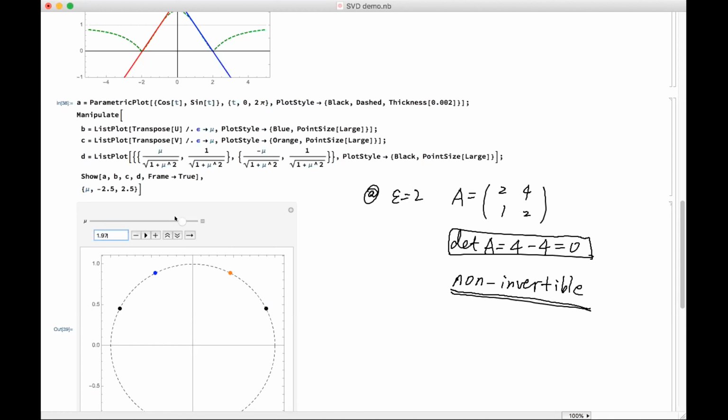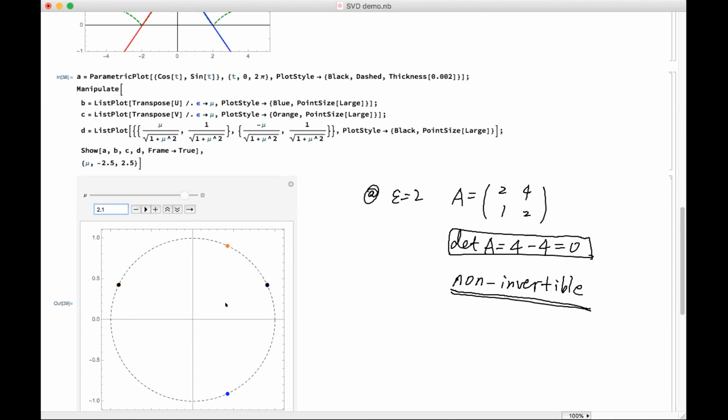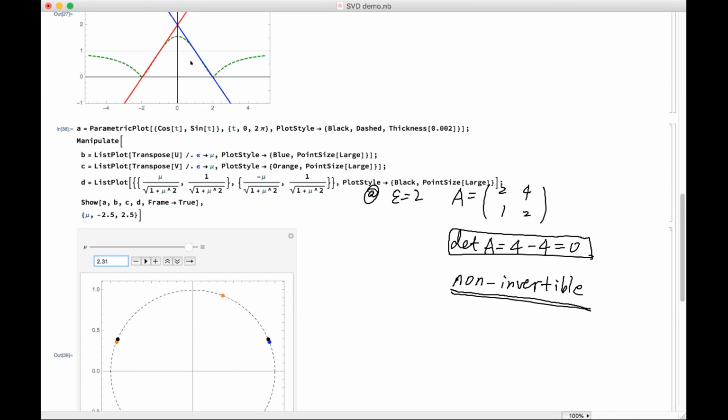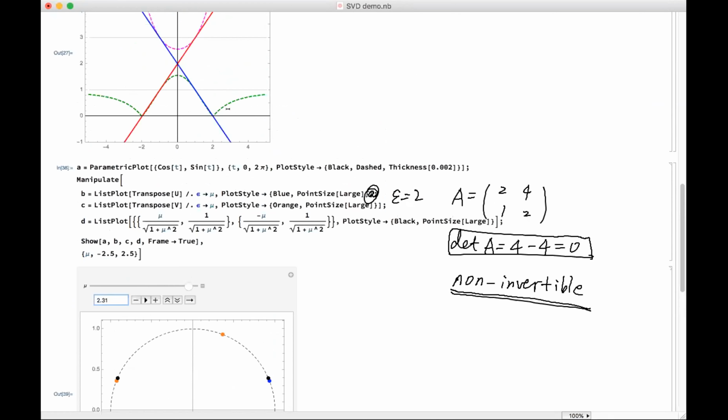And if we move away from 2, what you see here is that one of the singular vectors jumped discontinuously to the opposite side. And on the singular values, you see here it has a discontinuous change, right? The slope is discontinuous. So this is a very interesting problem.